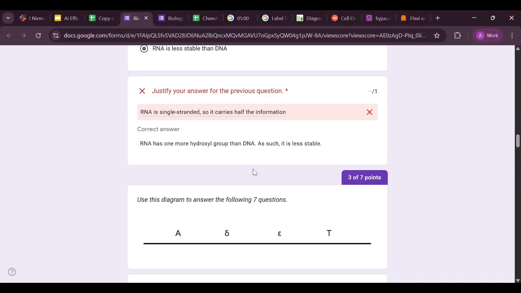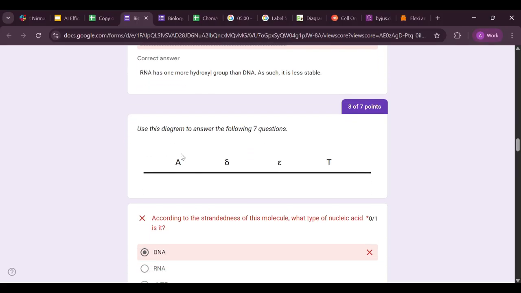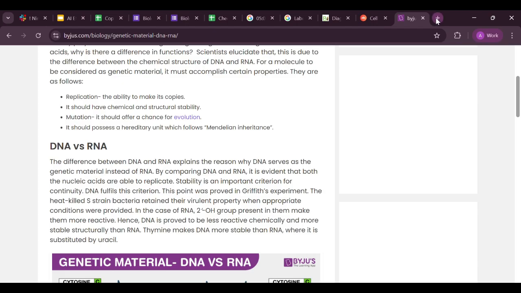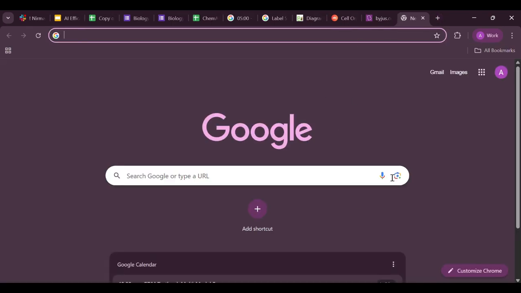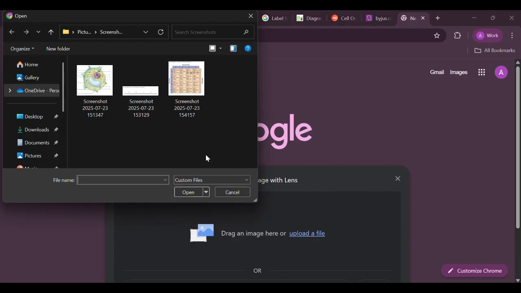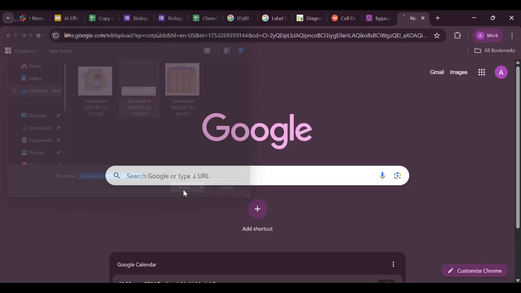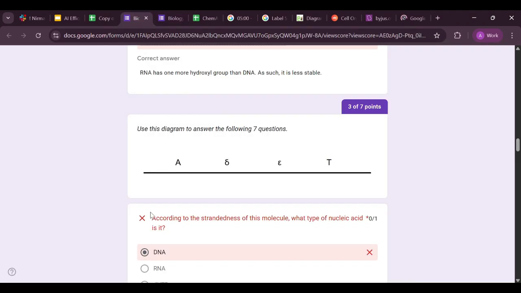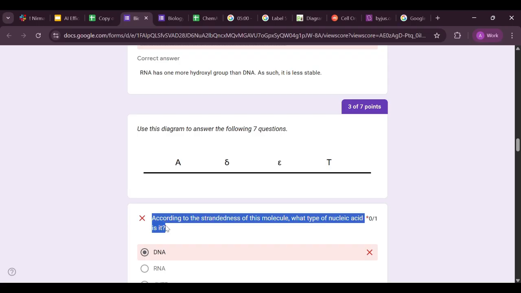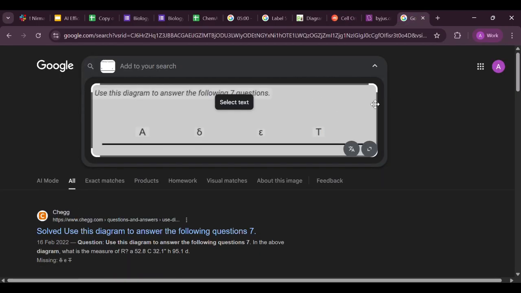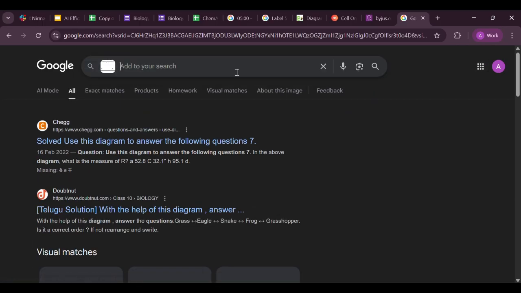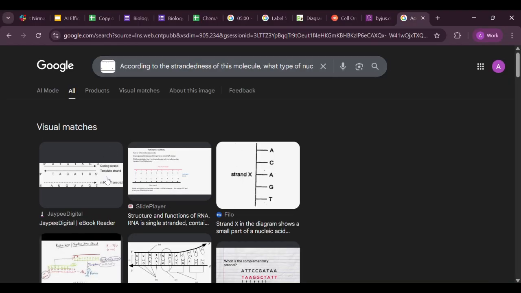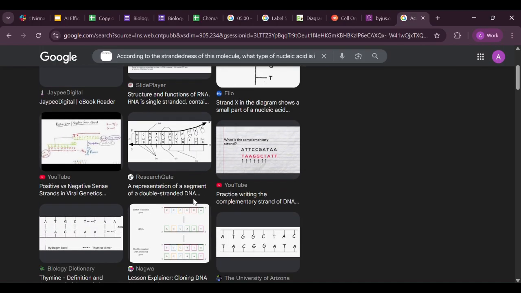So coming forward, let's upload this image and see whether it is able to provide the answer for this or not. I've already taken the screenshot. I will have to copy the question and then search it over here. Okay, we can't see the exact match of this image.